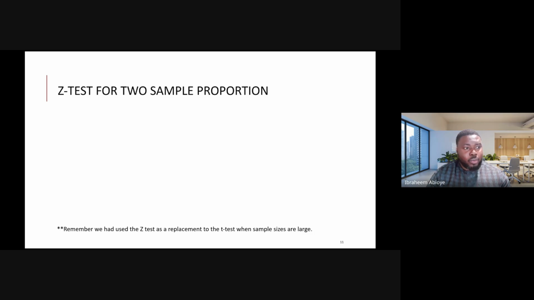But basically what we're doing in the two sample proportion, you remember that when we did t-test, we also said that you can actually look at two samples and compare proportions in two samples, and you would use another formula.